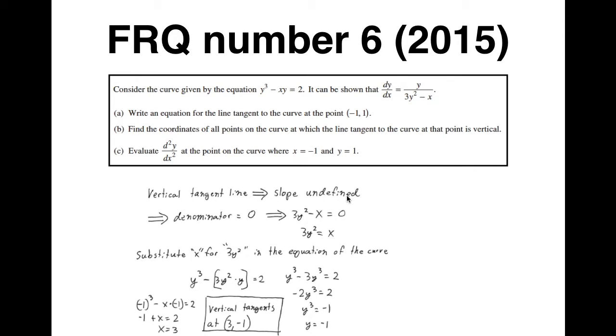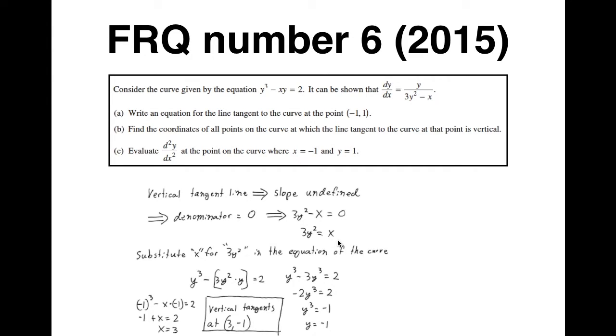So the slope is undefined, and when could this expression be undefined? When the denominator equals 0. The student sets up denominator equals 0, solves for x, and then that was the tricky part. This is not enough, because at these points, yes, the denominator is undefined, that's great. However, not all these points are on our curve.